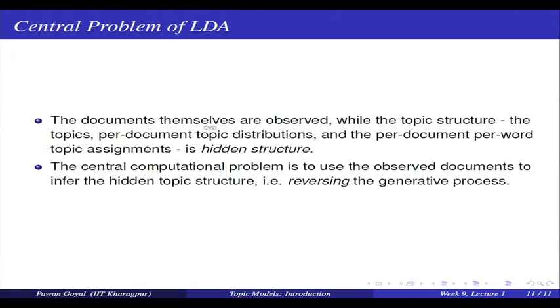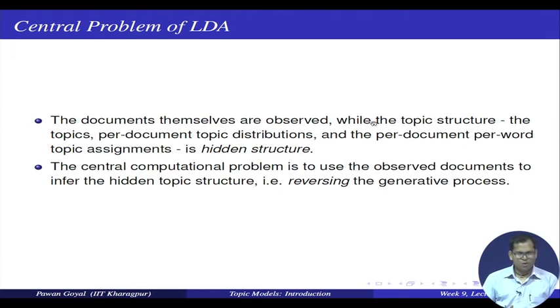We know the documents are observed in a collection, I know the documents, but I do not know the topic structure. So, I do not know what my topics are, what the distribution of words within each topic is. I do not know for each document what the distribution of topics will be, and I also do not know for each word in a document what the topic assignment will be.